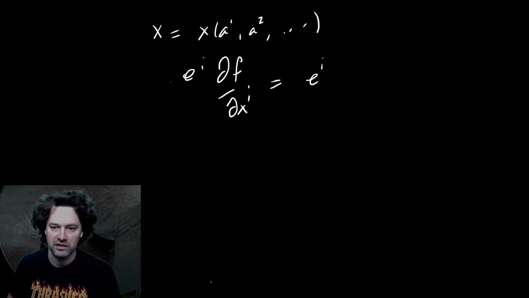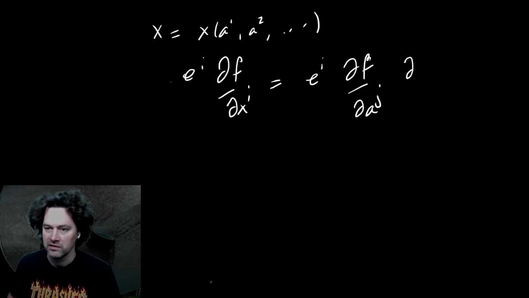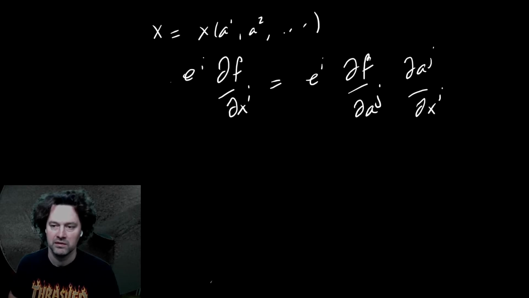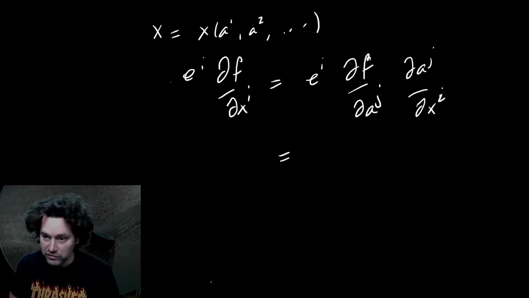That is e upper i times df daj, say, times daj dxi. And we can group our i indices.